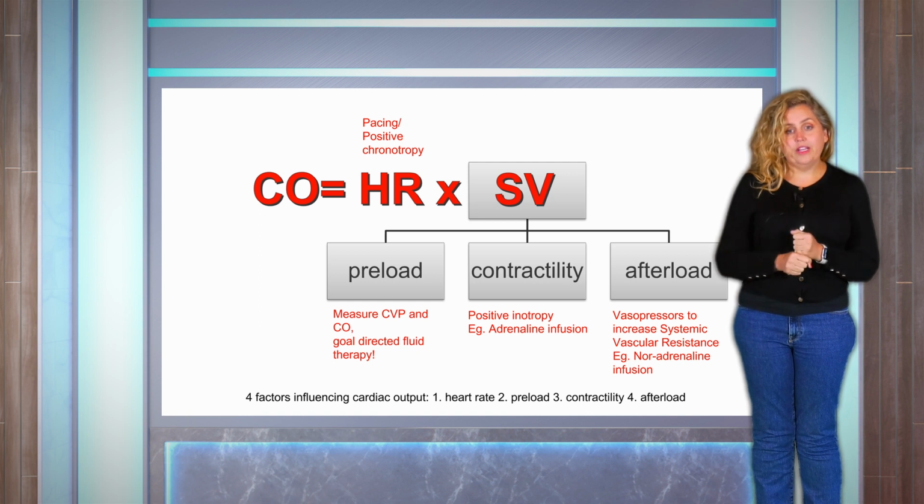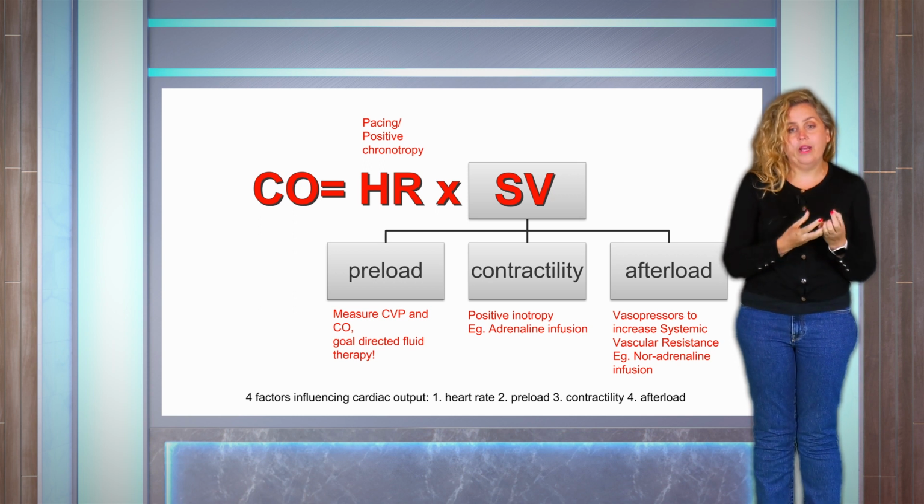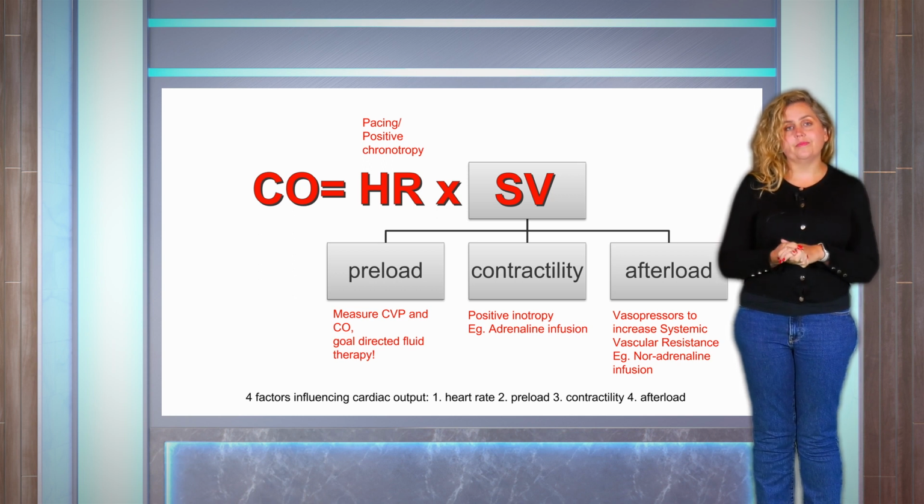Contractility, this is where we come in with our positive inotropy, and we'll start a medication to increase and stimulate the heart to beat harder or squeeze in a more powerful way, which is another way of saying increase contractility. For example, adrenaline infusion.